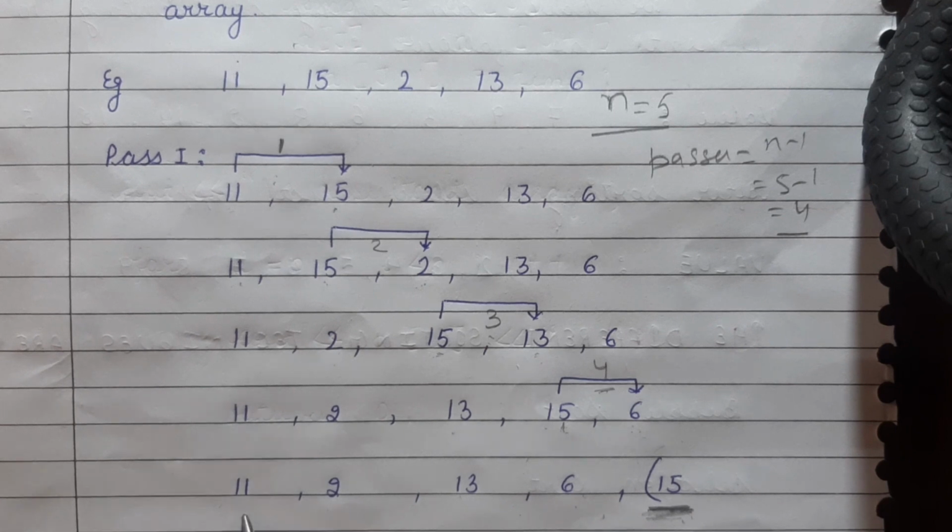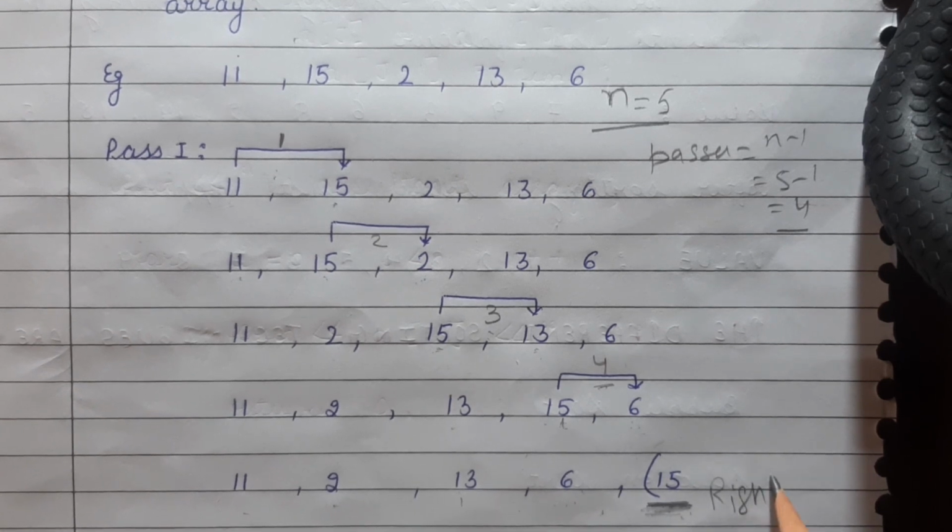If you analyze, 11 is here, 2 is here, 13 is here, 6 is here. So these elements are in unsorted order, and 15 is in sorted order. Now after completing pass 1, the position of 15 is fixed. The thing is, the greatest element is placed at the rightmost position. This one is the rightmost position.